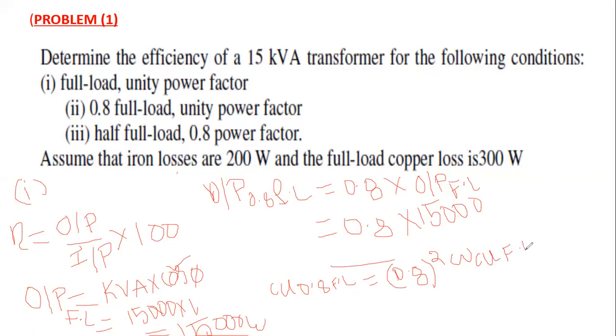Therefore, the copper losses at 0.8 is 0.8 whole square into W copper loss at full load. What is the W copper loss at full load? That is equal to 300. Into 300, then we obtain the copper losses at 0.8 full load.